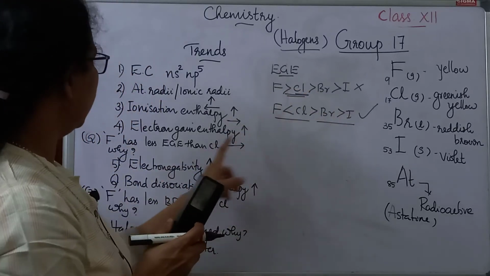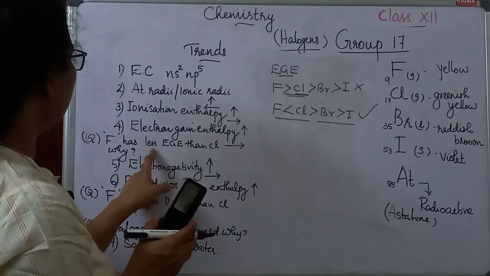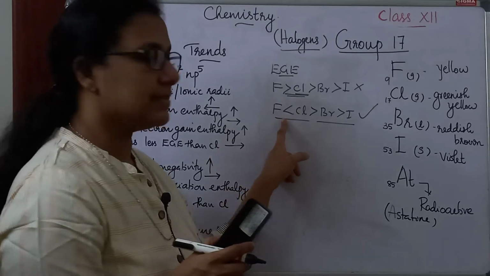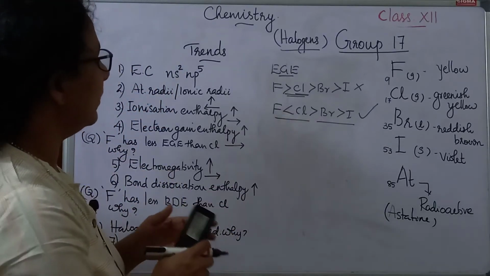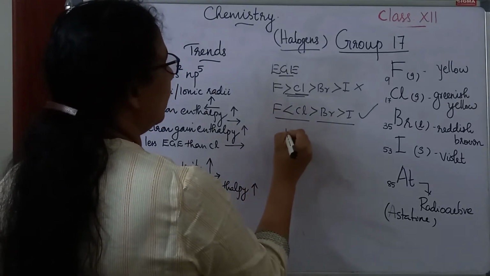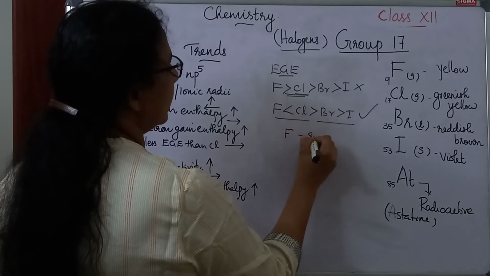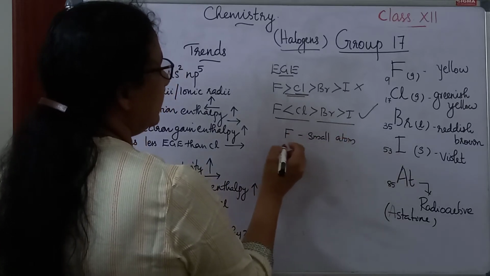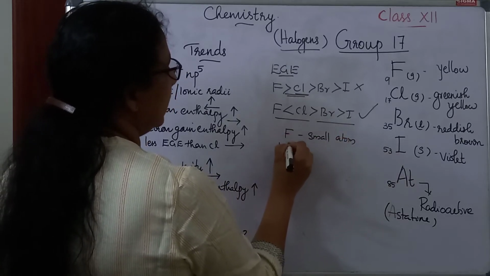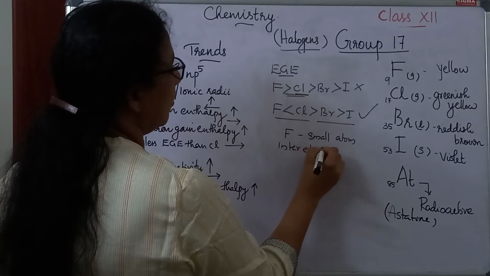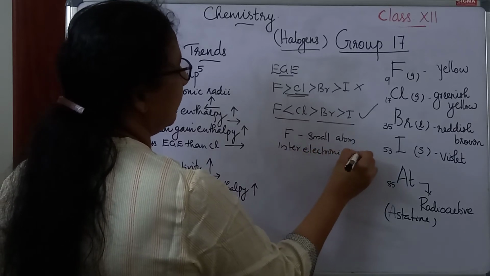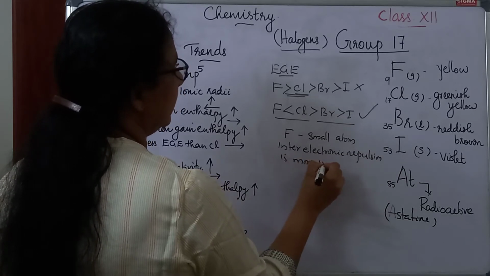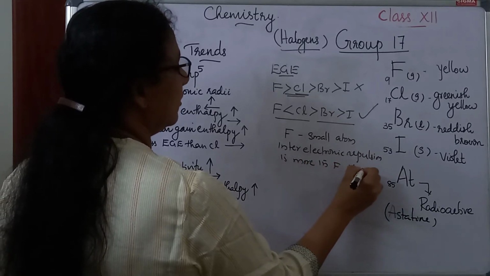That's an important question. Fluorine has less electron gain enthalpy than chlorine. Why? Fluorine is a very small atom, and the interelectronic repulsion is more in fluorine than chlorine.